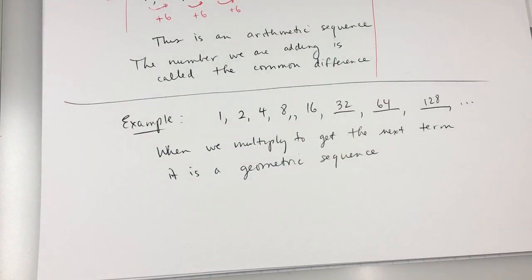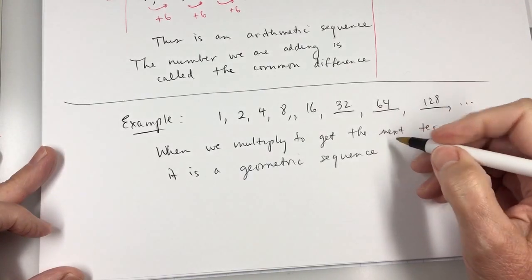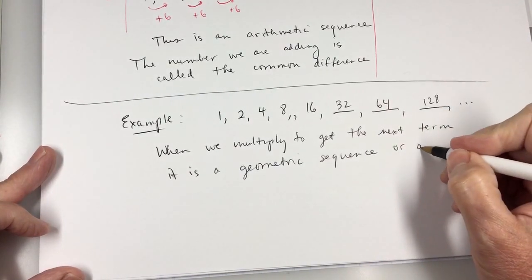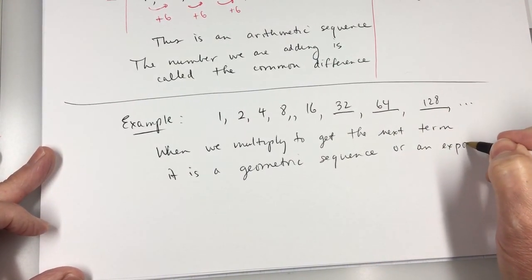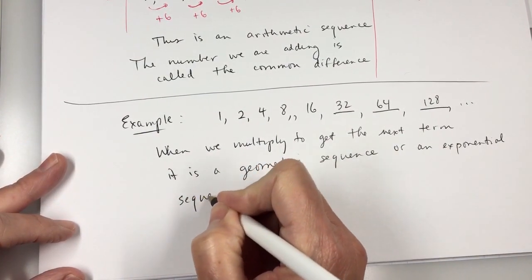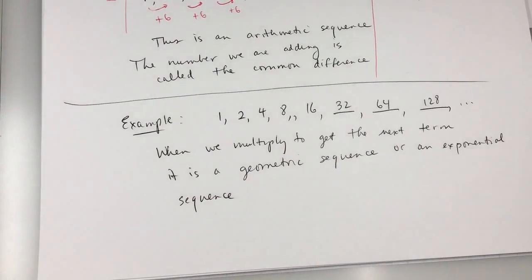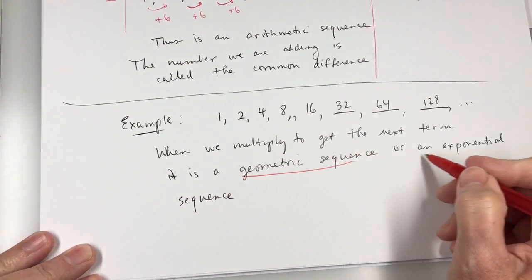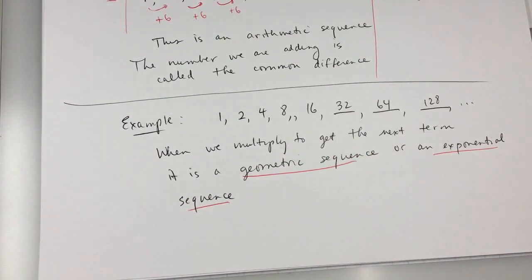This is also called an exponential sequence. So here's the words, geometric. So when we say that, we mean we're multiplying to get the next term.